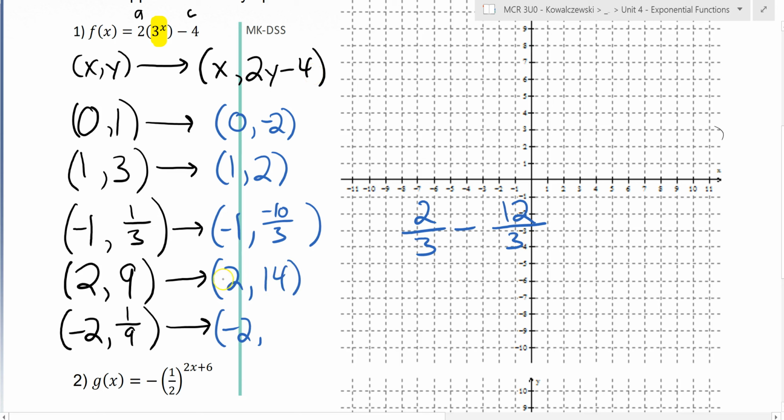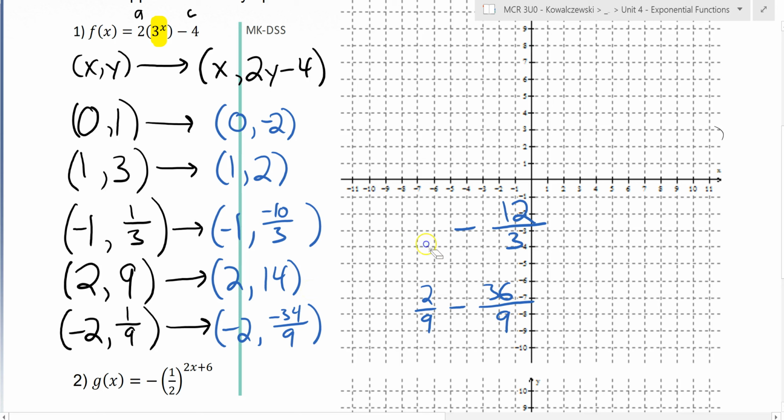So it actually ends up, I'm not going to be able to fit that point on my grid, but I'm glad that I tried it out just in case. And last one, 1 over 9 times 2. Okay, so 2 over 9 subtract 4. Now 4 with a denominator of 9 would be 36 over 9. So it would be negative 34 over 9. All right, so definitely not going to be able to fit, or we can fit that one, but we can just roughly estimate where it's going to be.